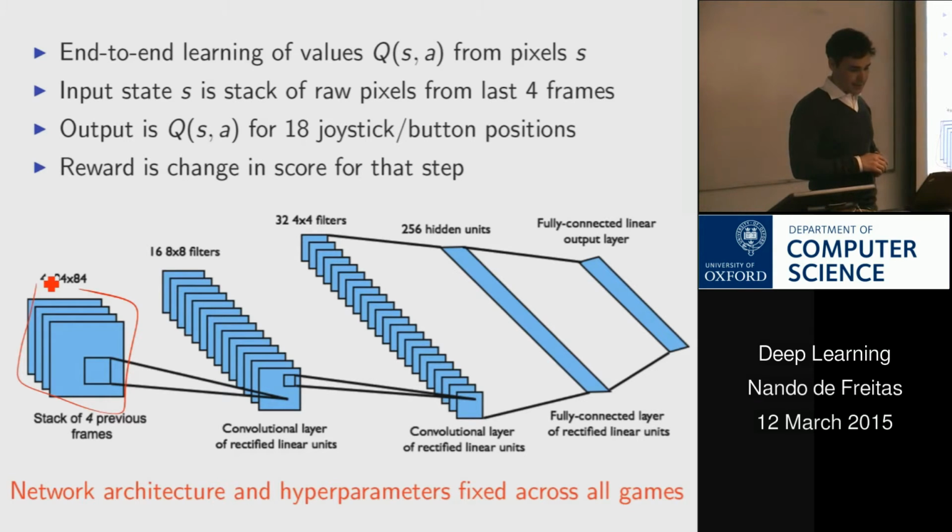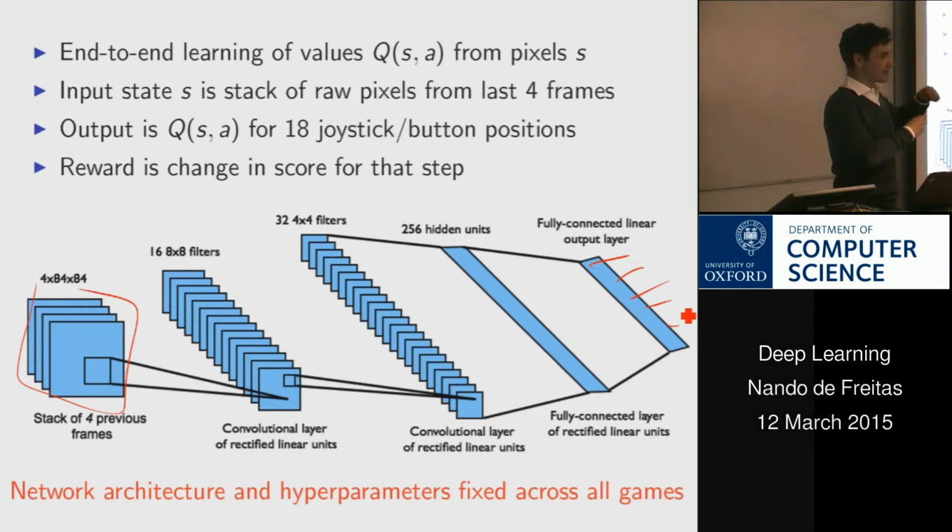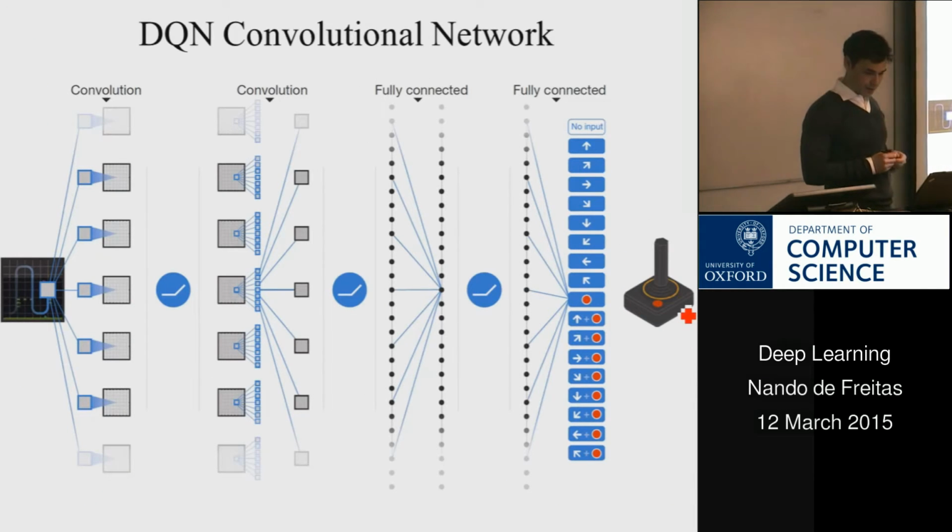You do several stages of convolutions, then several stages of densely connected layers with rectified linear units, and then there is one output per action. You could also put the actions as inputs, but they chose it this way because it's more computationally efficient to evaluate new policies. Because basically you put in an image, and out you get Q of each action.